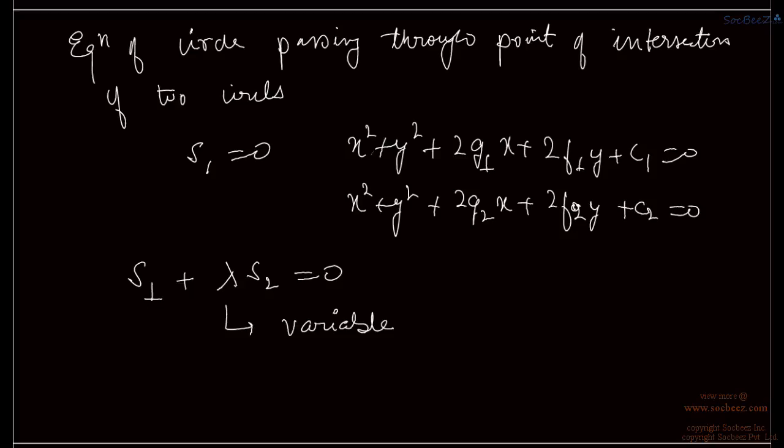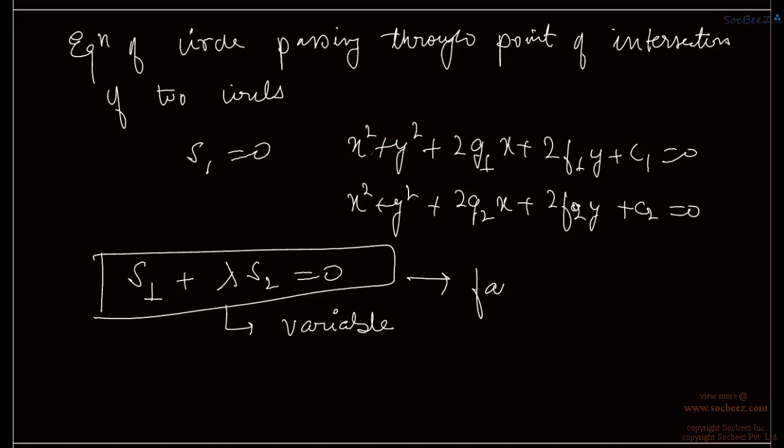Lambda can have an infinite number of values, so we have an infinite number of circles passing through the point of intersection of these two circles. So this is actually a family of circles. Why are we naming it a family? Because this family depends on this lambda.